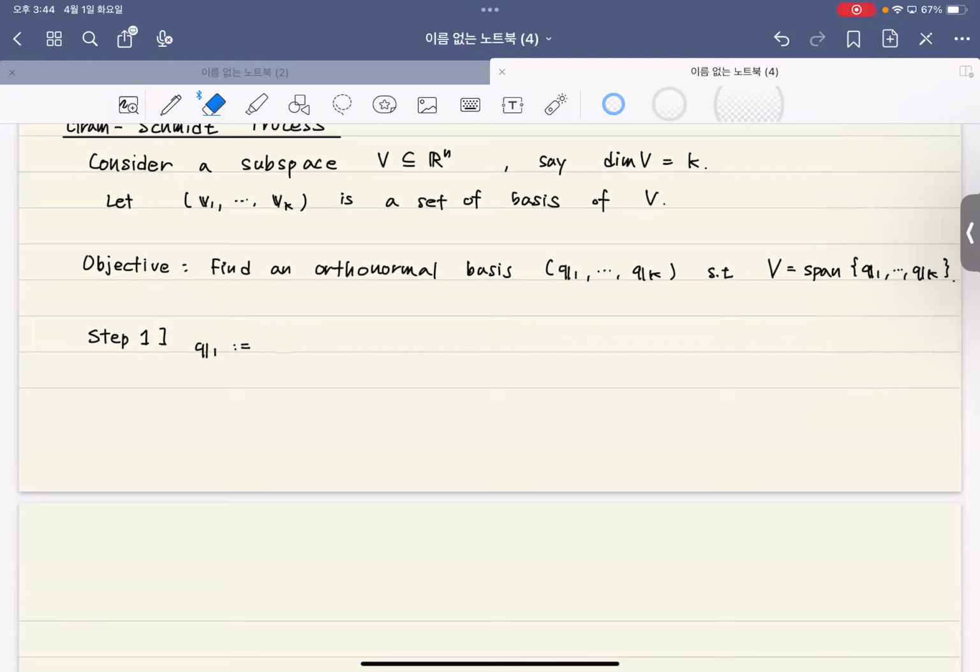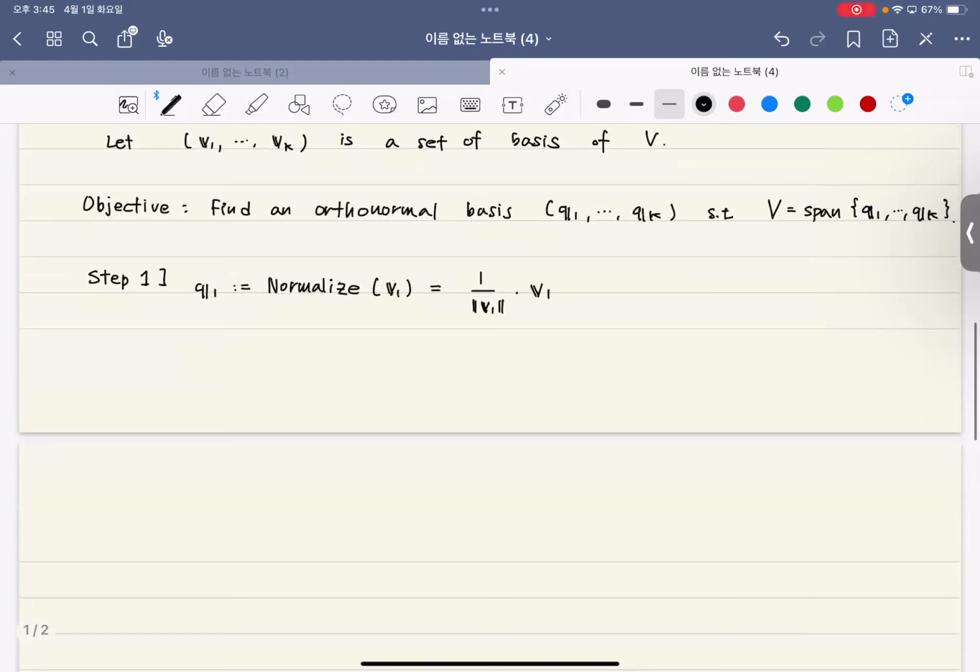How? By dividing the vector by its own length. Then you get a parallel vector whose length is 1. So Q1 is just a normalization of V1, which is simply 1 over the length of V1, times V1. Then this is my Q1.